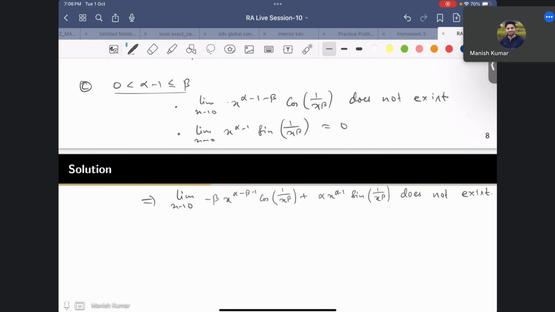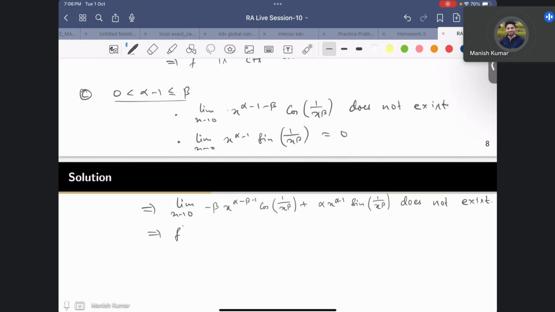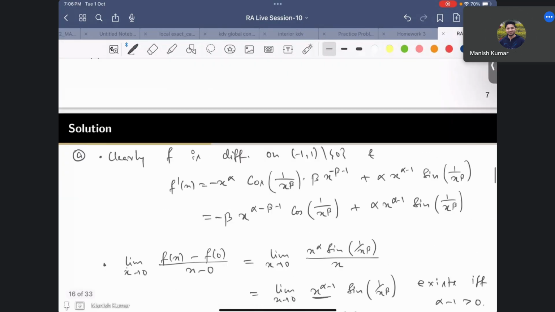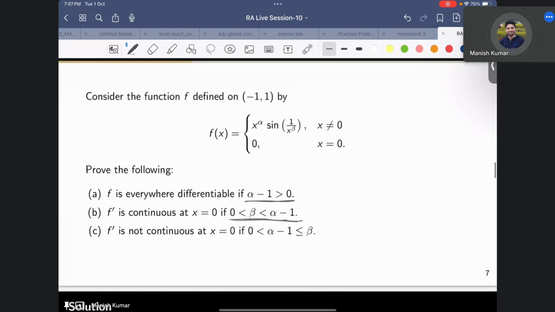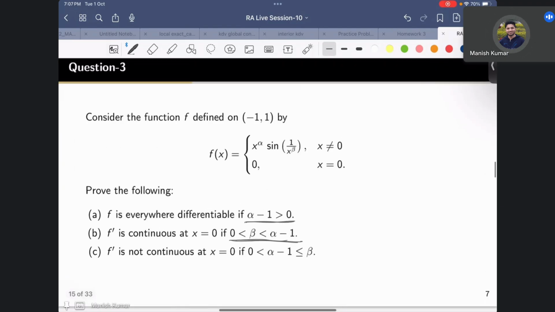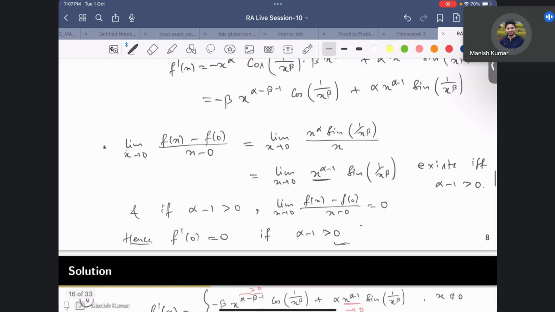So this proves that f prime is not continuous at x equal to 0, okay? So we have proved all the three questions that were asked here. So now let's move on. I hope this is clear. Do you have any doubt?